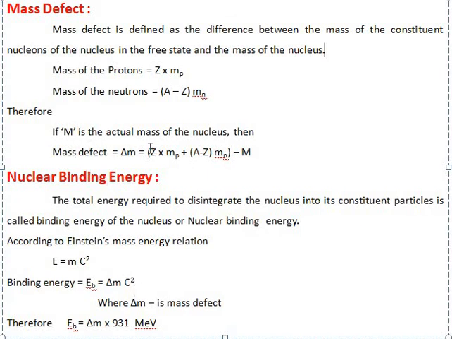What we found here, the mass defect in the nucleus, is converted into energy in order to bind all those constituent particles of the nucleus. So EB is equal to delta M into c square, where delta M is the mass defect. So EB is equal to delta M into 931 MeV, million electron volt.